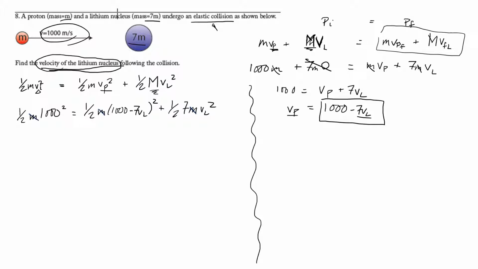Okay, and now we got to do a little bit of math here. It looks like I might need to end up doing a quadratic. Let's see what happens. So 1/2 of 1,000 squared. 1,000 squared is 1,000,000. 1/2 of that is 500,000.